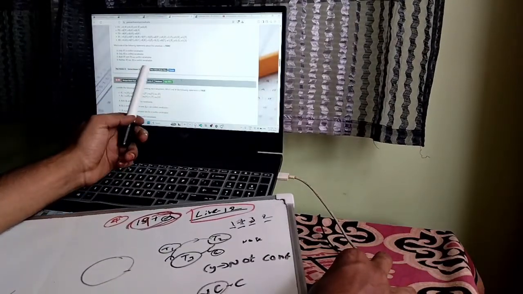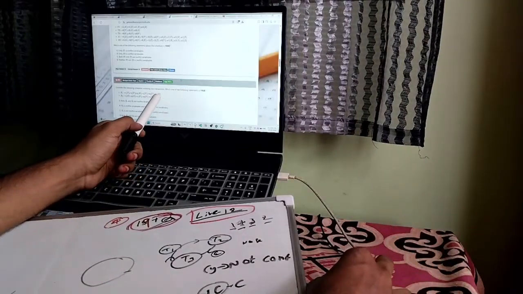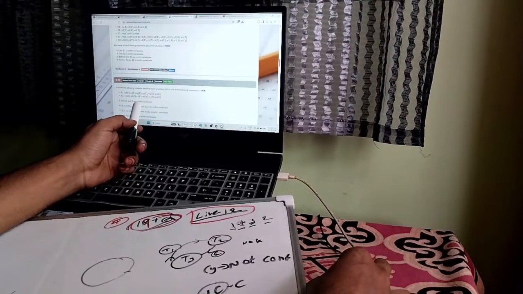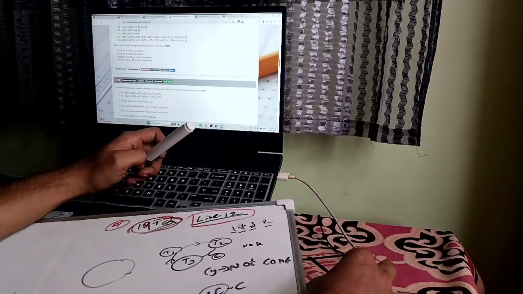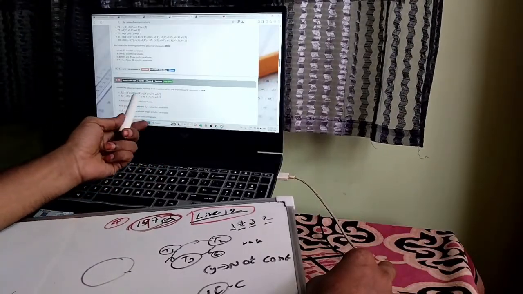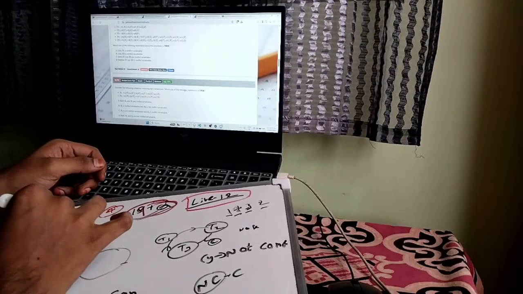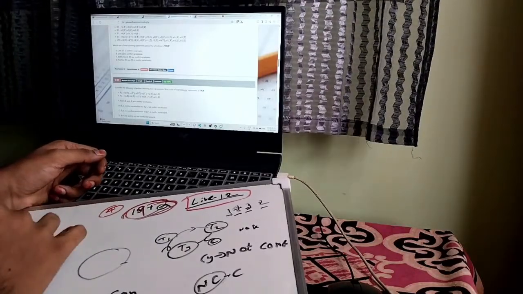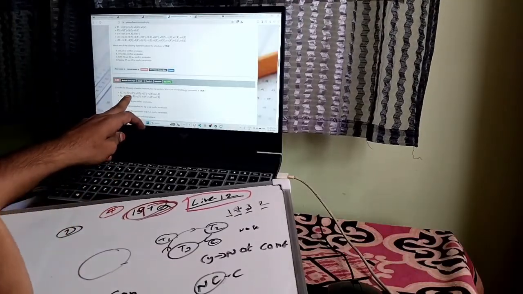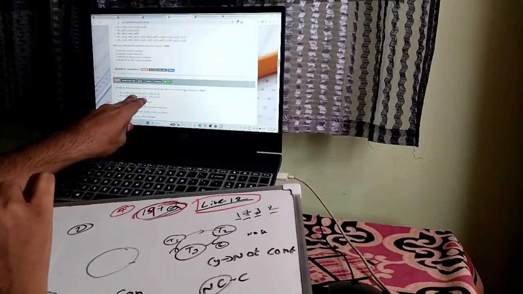Here: consider the following schedules involving two transactions. Which one of the following is correct? They're asking a conceptual question about two transactions T1 and T2. This one is R X. Then what next?